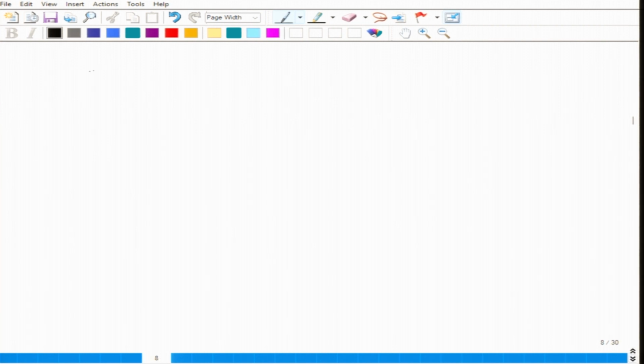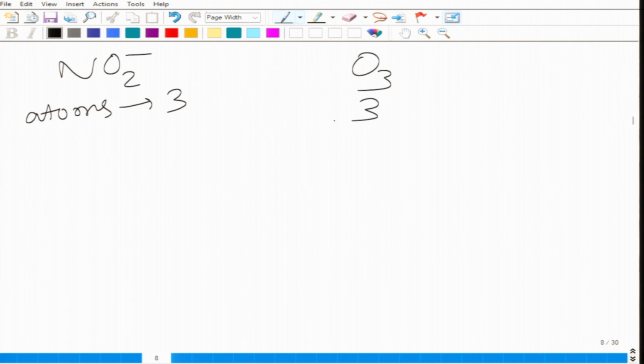Another example is NO2- and O3, that is ozone. Here there are 3 atoms and here also 3 atoms. Now the number of electrons. Nitrogen has 7 electrons.